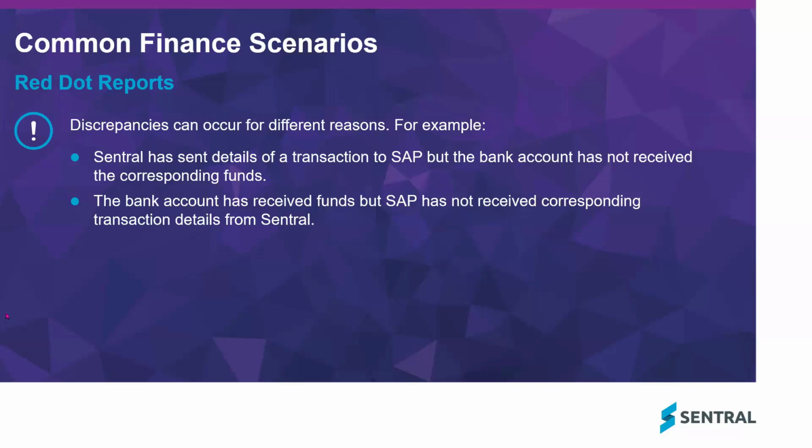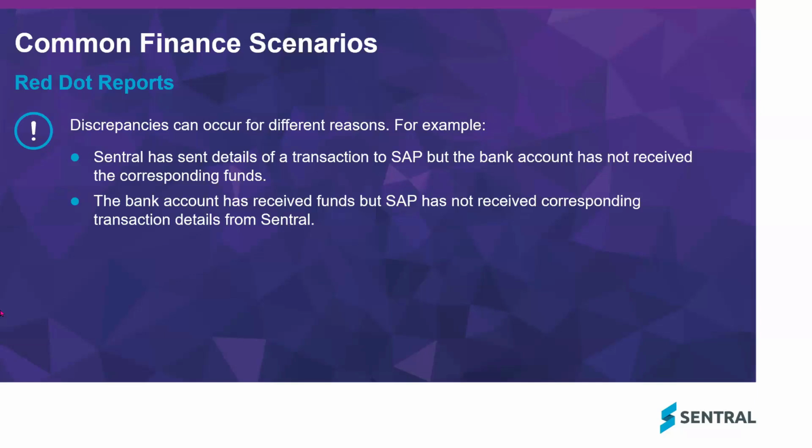So the red dot report is a reconciliation report that's produced in SAP for New South Wales DOE schools. The actual name of the report is the Bank Queries List on GL account. It shows funds that have been received by the New South Wales DOE bank account, along with transaction details that have been sent to SAP by student finance systems like Central Finance.